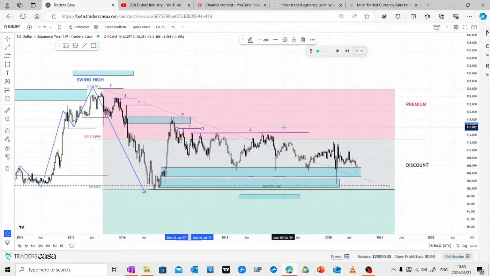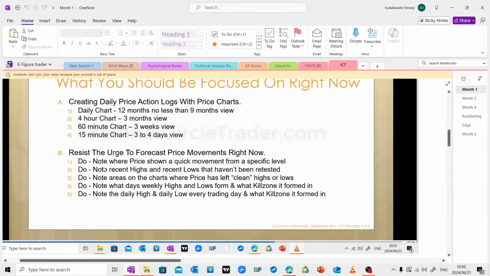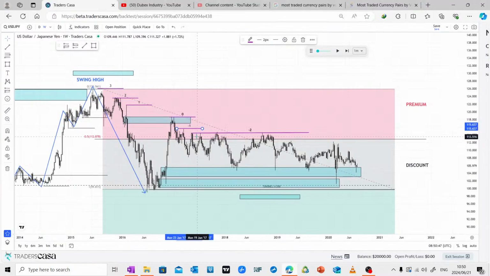So there's liquidity resting there. And then what did the market do? The market made a lower low here, retraced back, and ICT says, watch this. It says to note recent lows that have been retested. Where is that? It's right here at points A, B, C, and D.